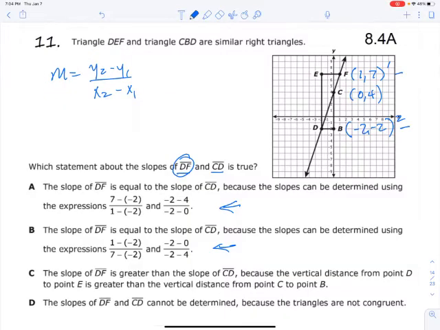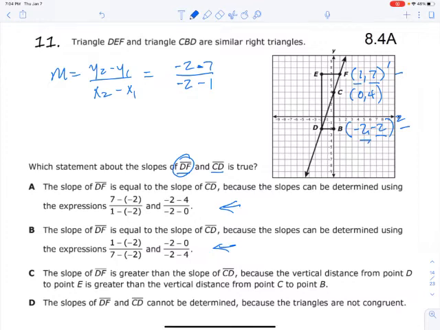Let's see if we can do that with this first one. I'm going to do y2 minus y1, so that's going to be -2 minus 7, because it's always minus, divided by, and then I do the x's, -2 minus 1.